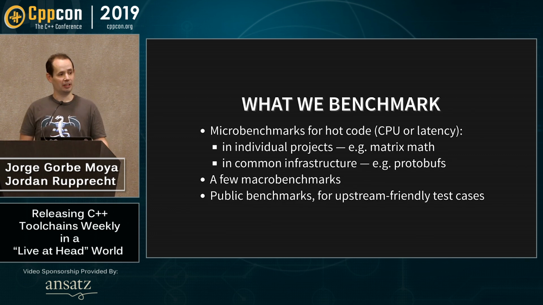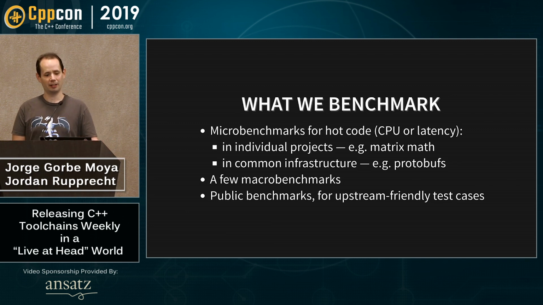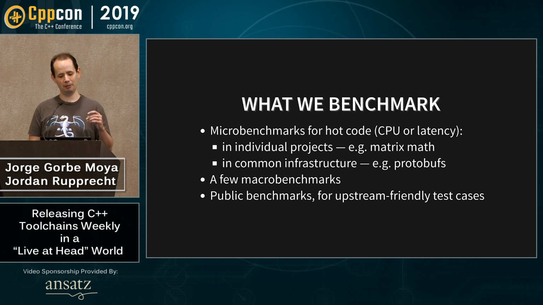So now onto the details of what we actually do. We have 3 classes of benchmarks we run and care about. As I mentioned, there's micro benchmarks and macro benchmarks for code that runs inside Google that are representative of our loads. Micro benchmarks are for hot code, either because they consume a lot of CPU or they are in the critical path for latency.